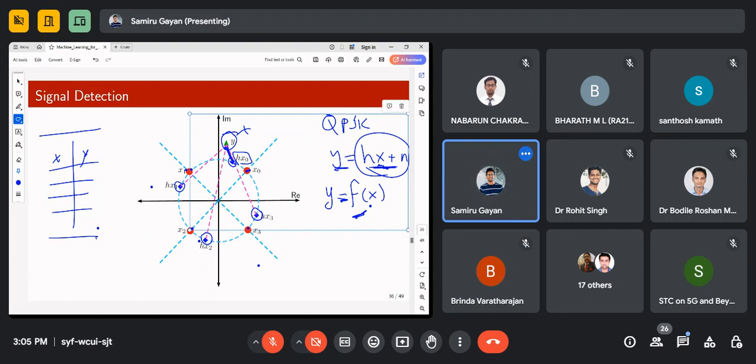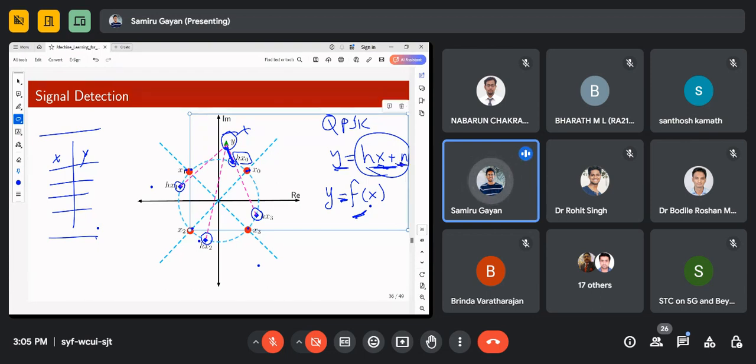People have done that. But this kind of technique works mostly in the low SNR regime. When it goes to the high SNR regime, it fails. Machine learning fails because the noise does not have a greater effect in the high SNR domain. Machine learning models are good at learning this kind of noise behavior.